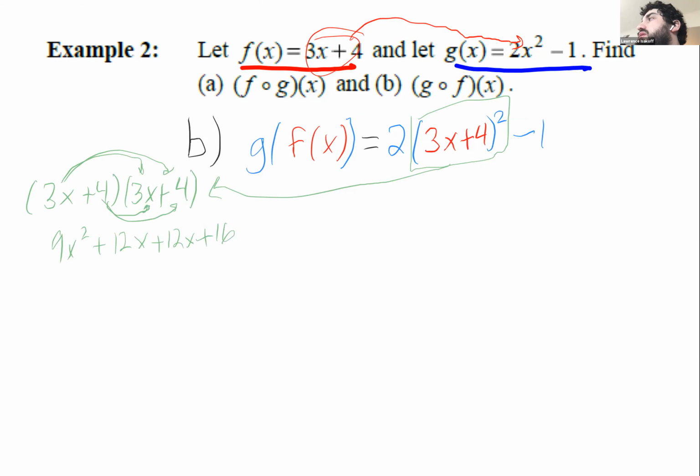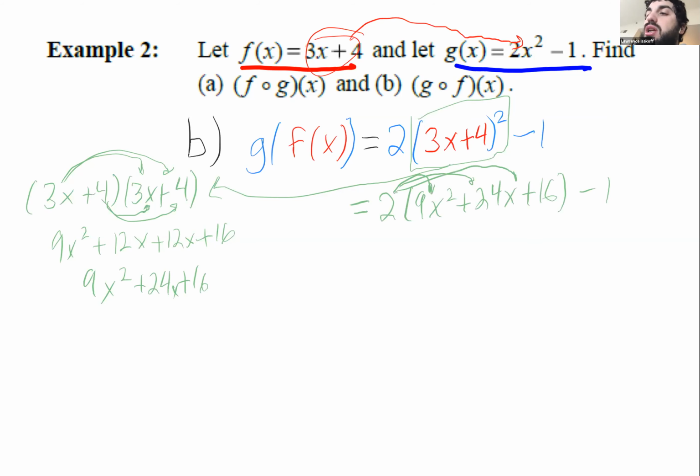Then I combine that, so it gives me 9x squared plus 24x plus 16. So in reality, this ends up being 2 times 9x squared plus 24x plus 16 in parentheses, minus 1.